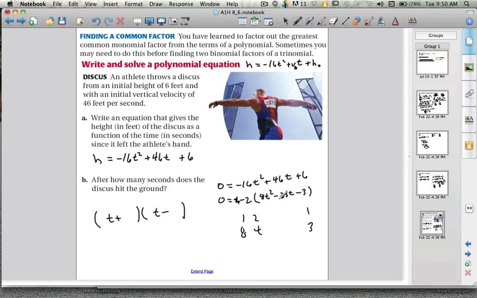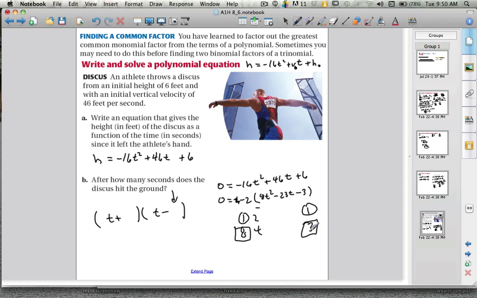And I know that my products have to come out to be negative, so the bigger product has to have the factor of the constant there. And then I want a difference of 23. Well, 3 times 8 is 24, and 1 times 1 is 1, so they have a difference of 23.